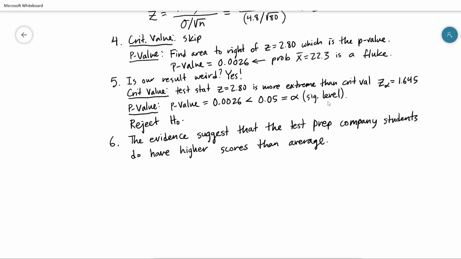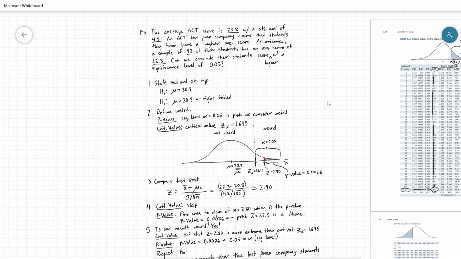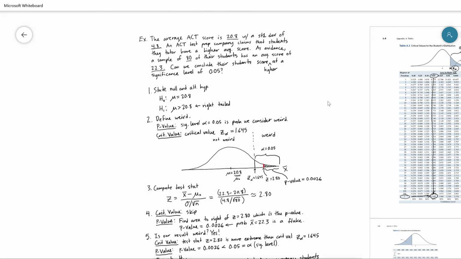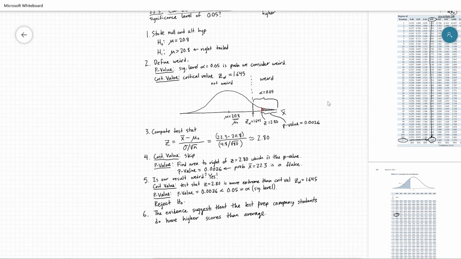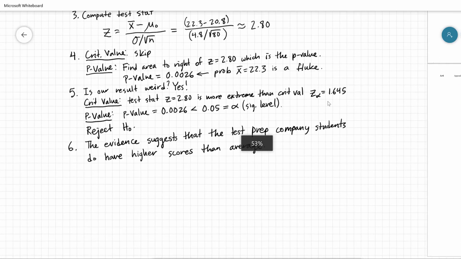So this is the idea. It's a plain English sentence. The evidence suggests that the test prep company students do have higher scores than the average other students. And so going up to this, can we conclude that their students do score higher? The answer is yes. We can conclude that their students score higher. It's very unlikely that those results were just a fluke.